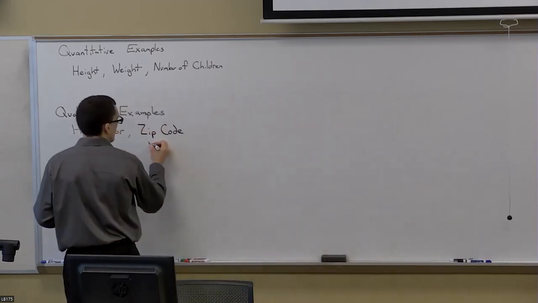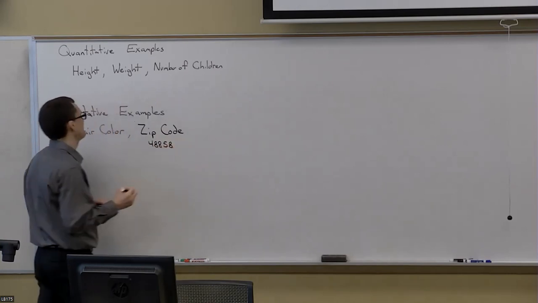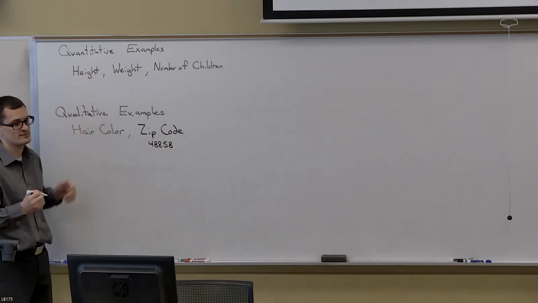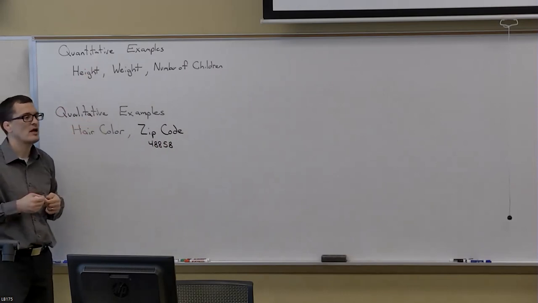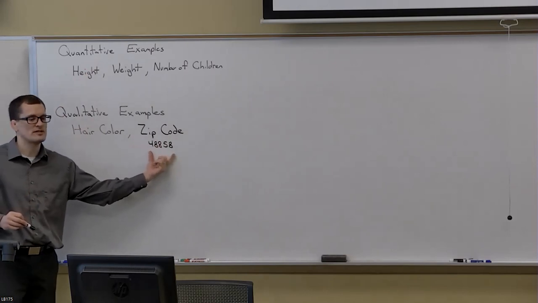So even though it is numerical, it is still not quantitative, it's qualitative. Because zip code is just a random assortment of 5 numbers assigned to a location.